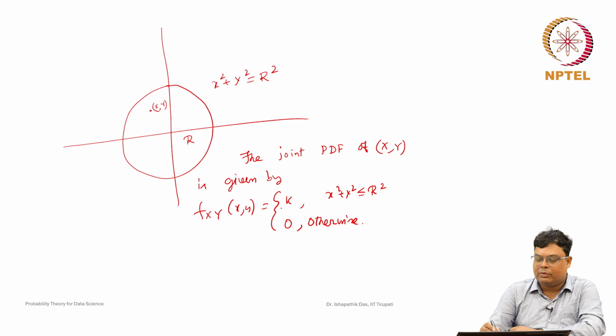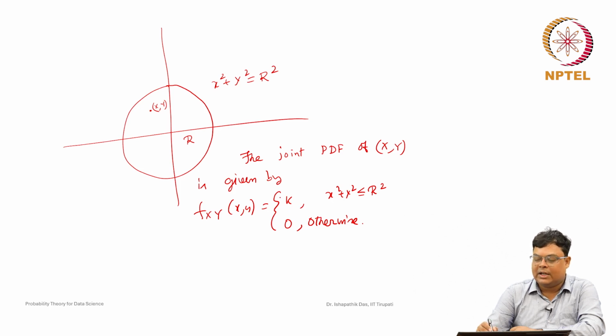For k, we will check the properties of the probability density function. The probability density function is always greater than or equal to 0 for all x, y. That is why k has to be greater than or equal to 0 to satisfy this condition.